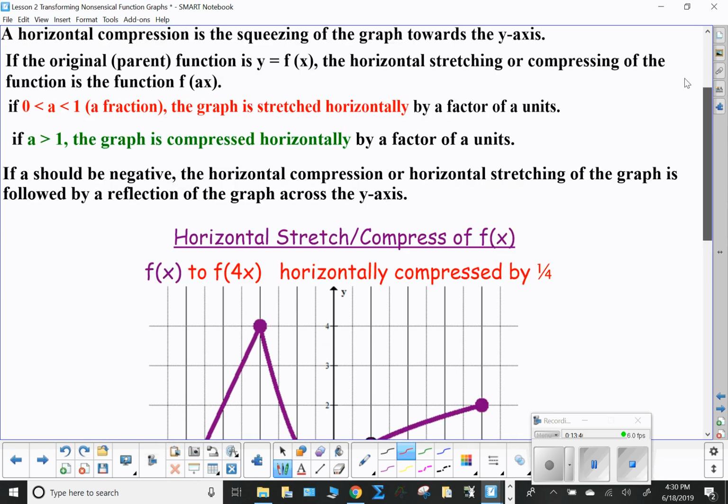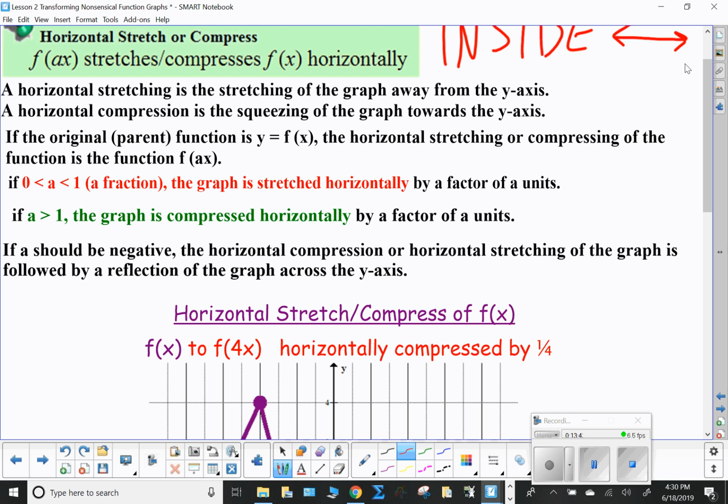Same thing for stretching and compressing. And again, you can pause the video and read the words. We're going to be looking at, however, the absolute value of A, not just A. When the absolute value of A is large, something compresses.